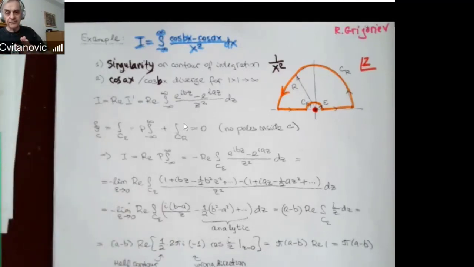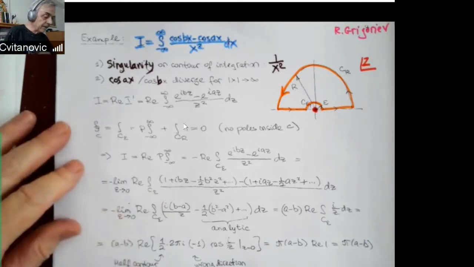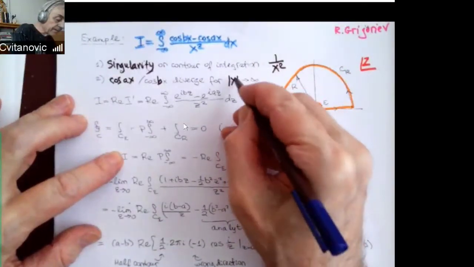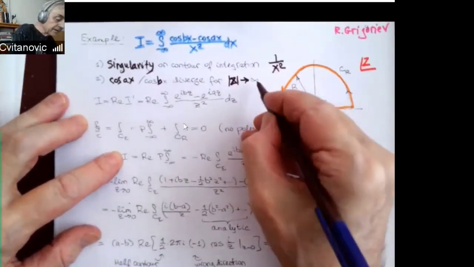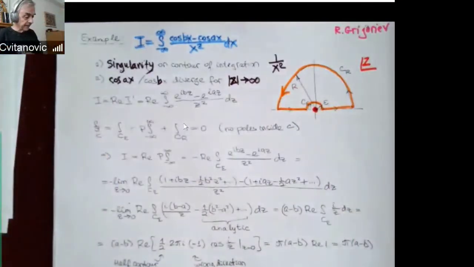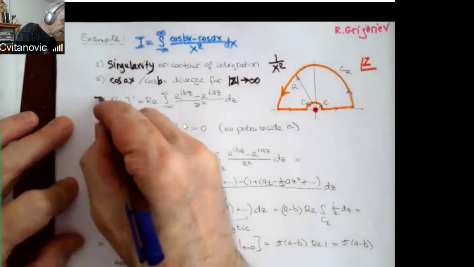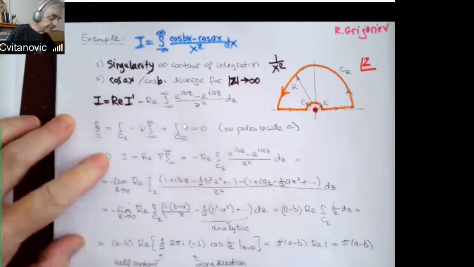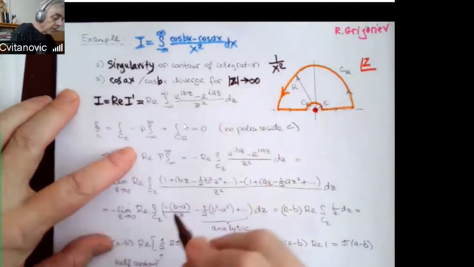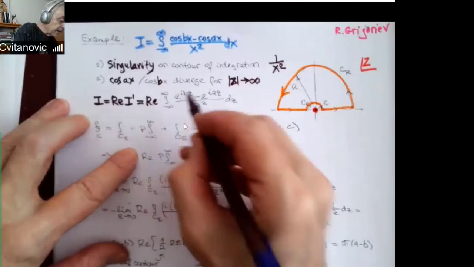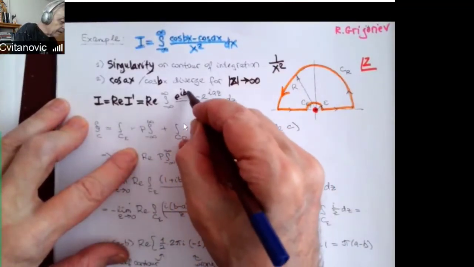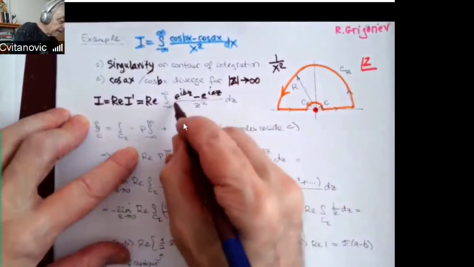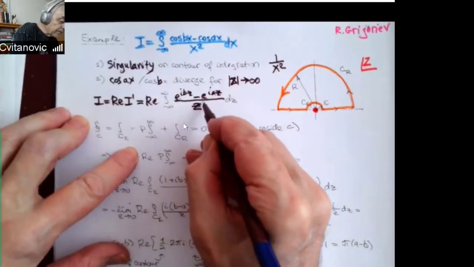But if you try to get off the real line, either one of them will diverge for a complexified version going to infinity. So we do the usual trick. We write another integral where we replace these by e to the ibz minus e to the iaz, divided by z squared. So as before, this is just an identity.